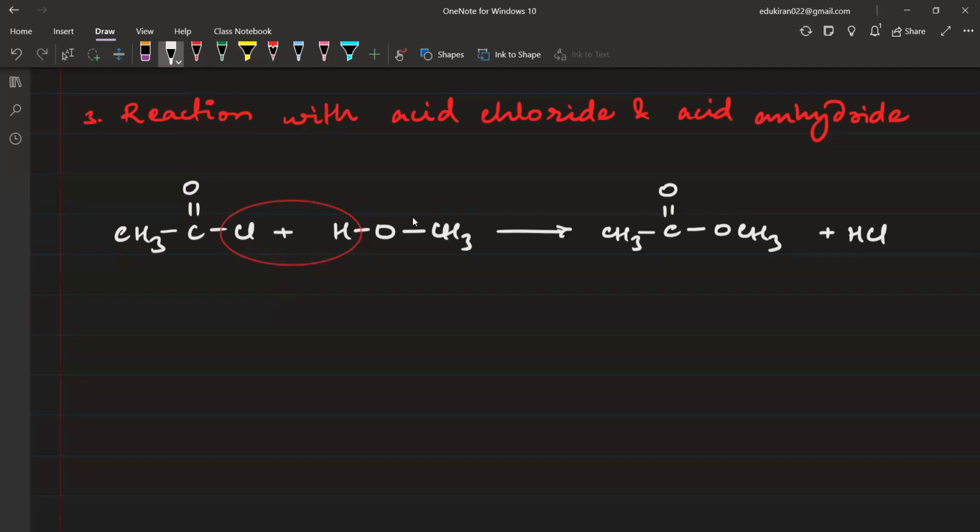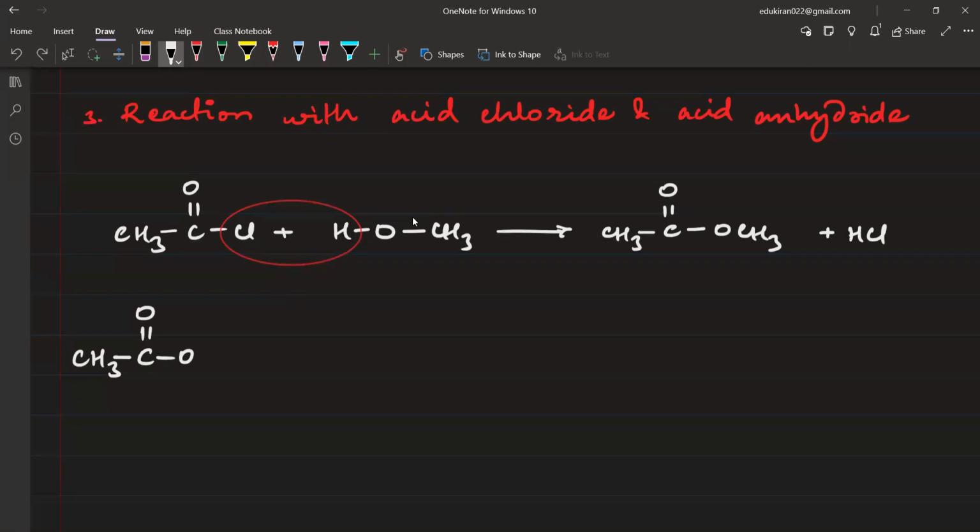This is acid chloride. And if I have acid anhydride, it has the structure CH3, carbon double bond O. Anhydride means here we are going to have oxygen, but not the hydrogen. When it was acid, it was OH, but we don't have hydrogen.